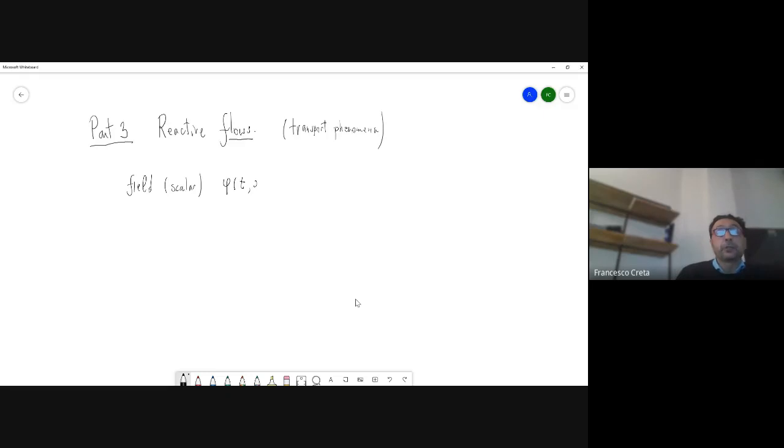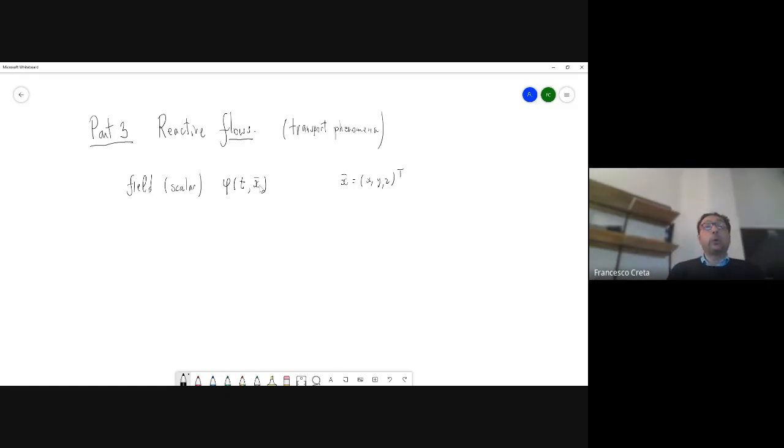So it's a scalar function of time and of space, or spatial coordinate x. This x is simply x, y, and z. T stands for transport. Clearly, this is generally a column vector.